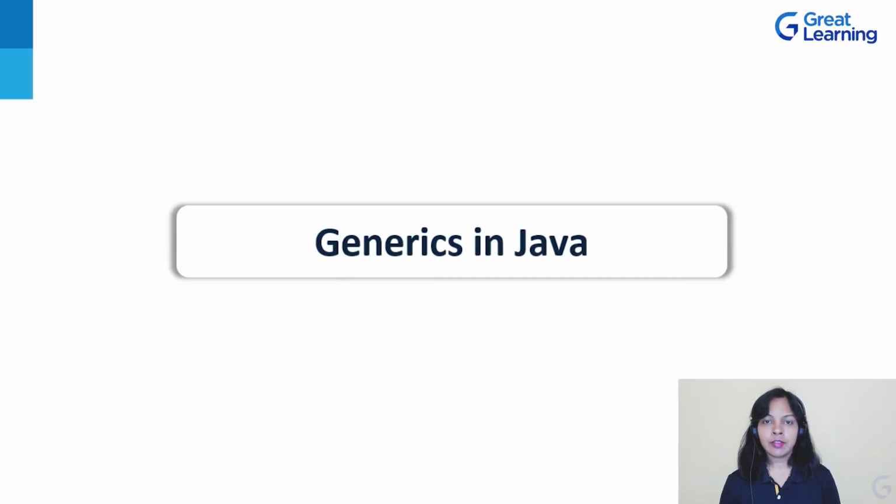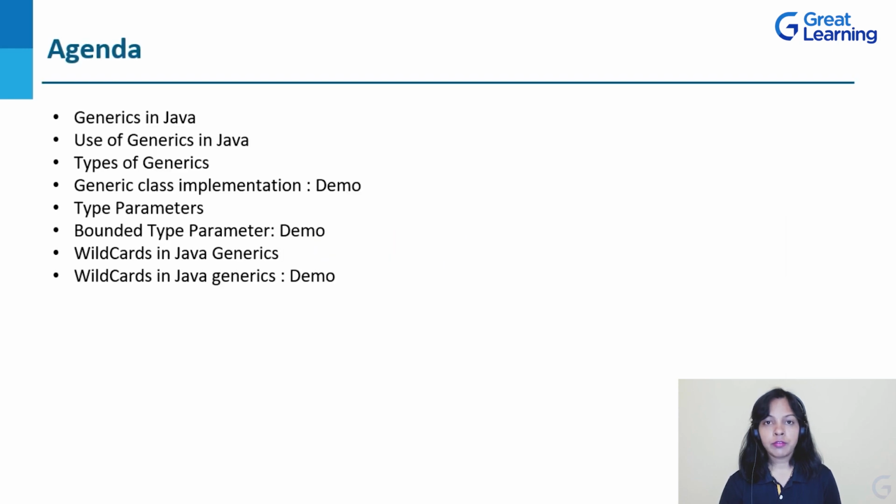Hello everyone, welcome to the course where I'll be talking about generics in Java. Before getting started, let me tell you what all topics I'm going to discuss in this course. So I'll be talking about what is generics, what is the use of generics in Java programming. Going ahead, the different types of generics, that is, you can generalize the class as well as the method and how it can be done, we'll try to see that.